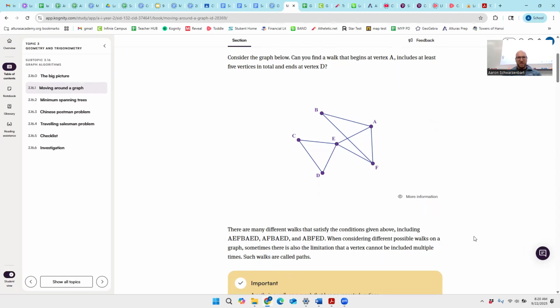Can you find a walk that begins at vertex A with at least 5 vertices in total and ends at D? It says at least, so there are all kinds of different options in that category. They've got this one and this one. Notice they start at A and end at D.